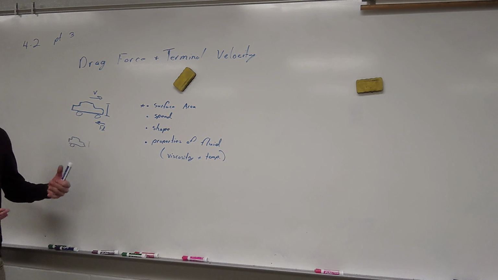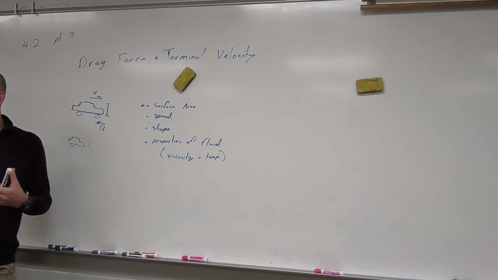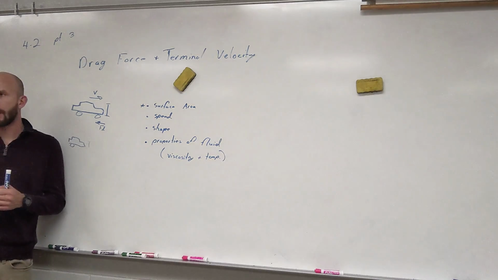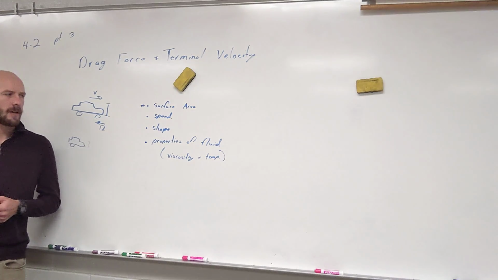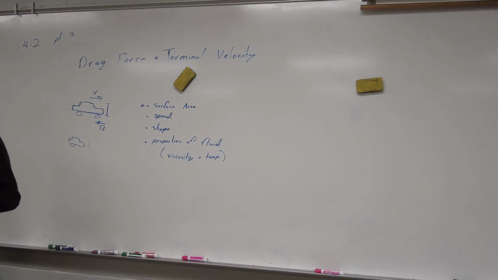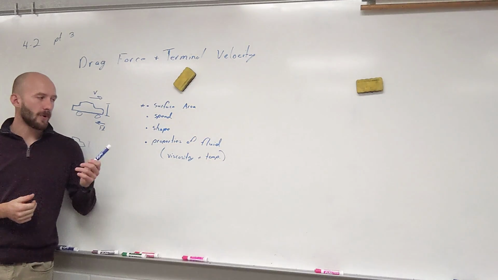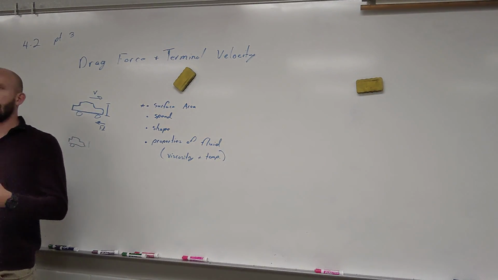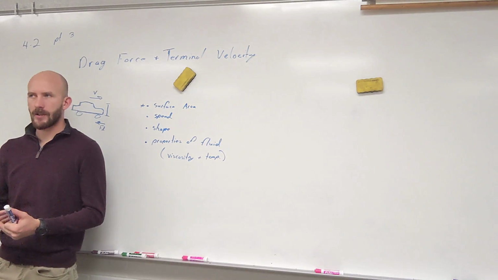So air is going to have a certain viscosity, probably might change very, very minutely at different altitudes. Temperature is also going to affect that. So this drag force doesn't have to necessarily be air resistance, although that's a really common one.